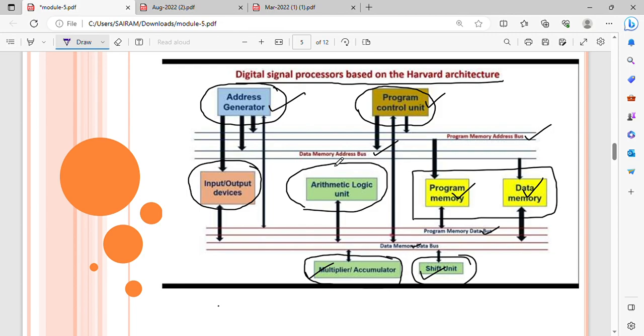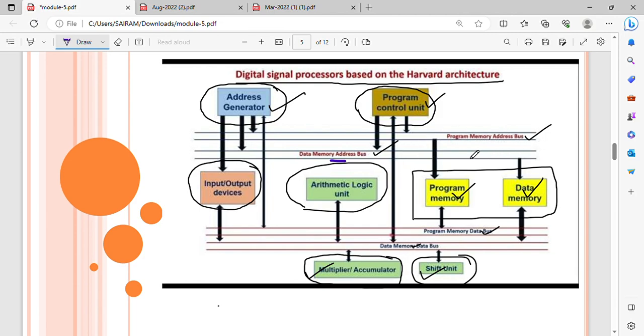So what is my program memory address bus? Your program memory address bus will hold the program from the program memory, and the data memory address bus will hold the data from the data memory, right?